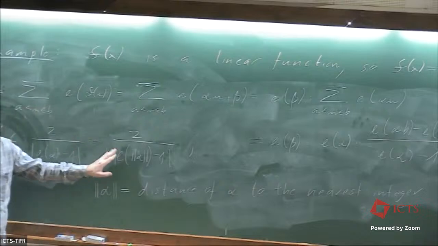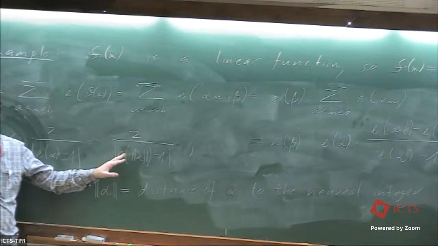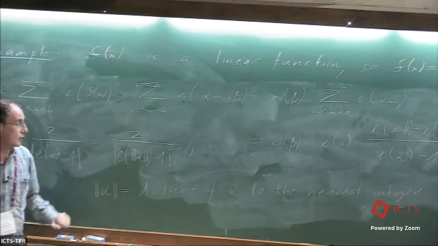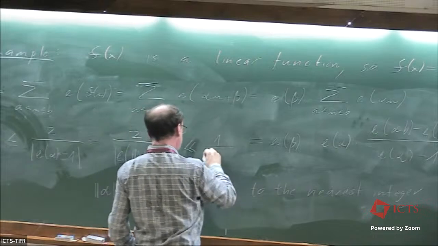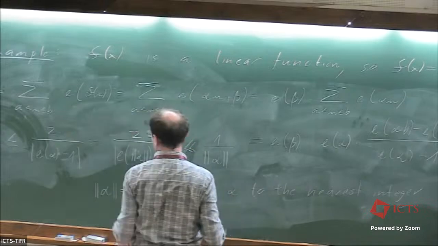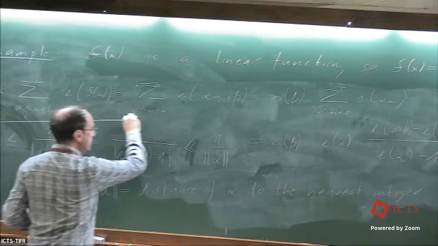Good, and now you can, for example, use the second order Taylor series approximation of e of that term. And what you get is that this is bounded by 1 divided by the distance of alpha to the nearest integer.